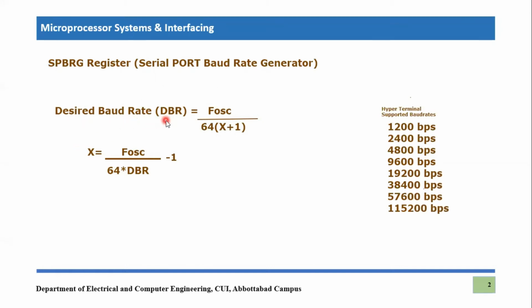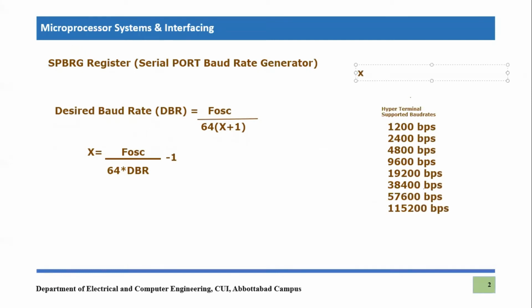I have shortened it as DBR, and its formula uses the frequency of the oscillator, the same oscillator attached between the OSC1 and OSC2 pins in the pin diagram of the PIC18F microcontroller.